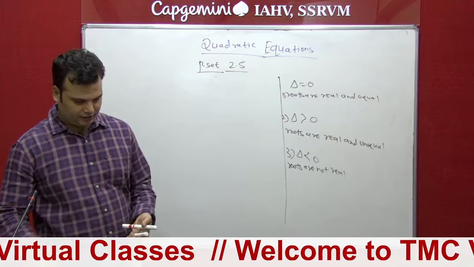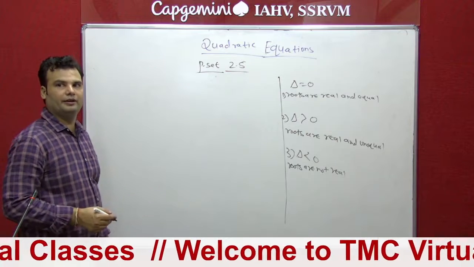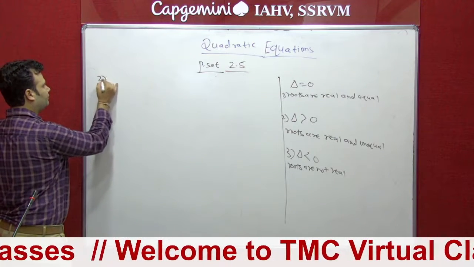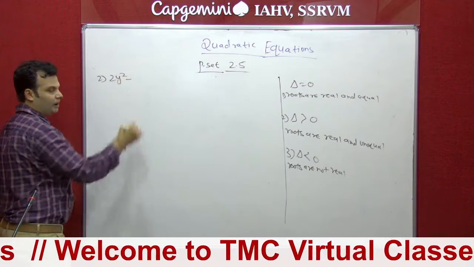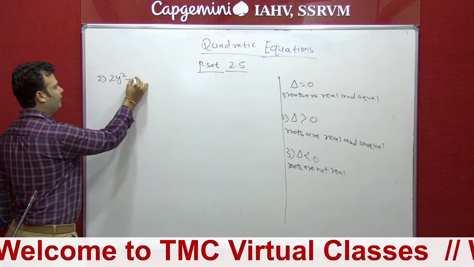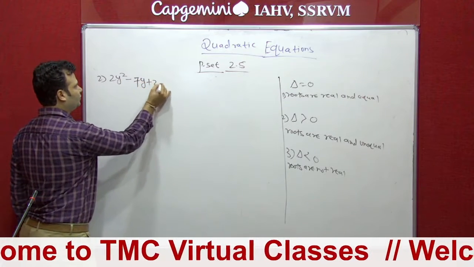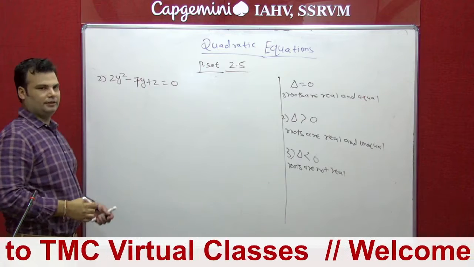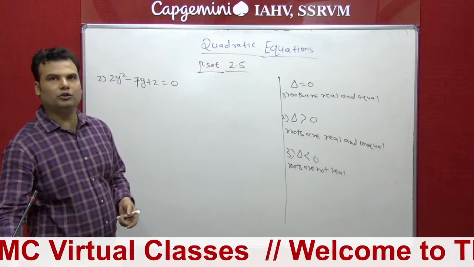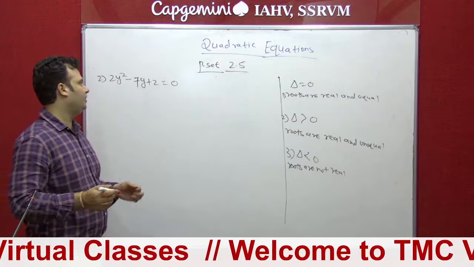Next one is given, student: 2y square minus 7y plus 2 equal to 0. Yes, correct. So now we have to find again the values of a, b, c.